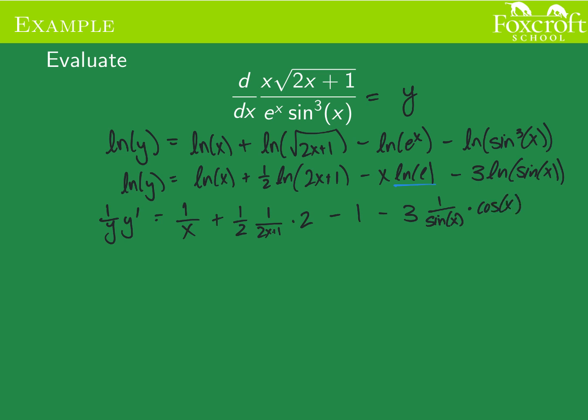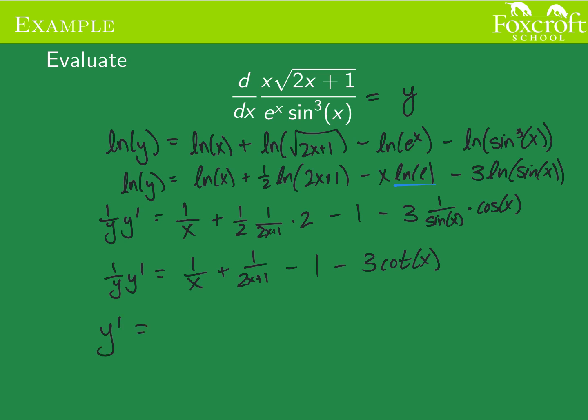So I took a bunch of little derivatives. You saw how we had some chain rules going on, but it's a bunch of little derivatives instead of one huge derivative. I can do a little bit of simplifying. The 1/2 and the 2 are going to cancel, and cosine over sine is cotangent, so just to save the amount of writing, I'll write it like that. And then just like the last slide, I can multiply both sides by y.